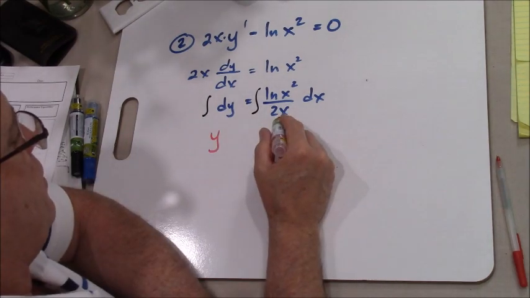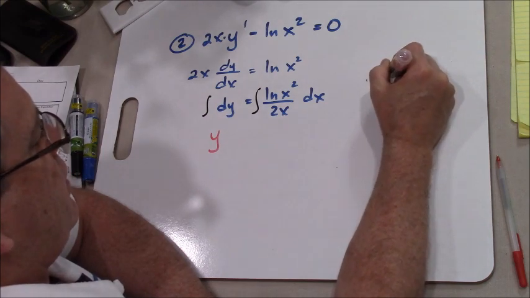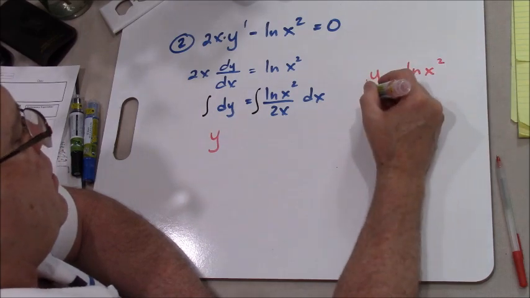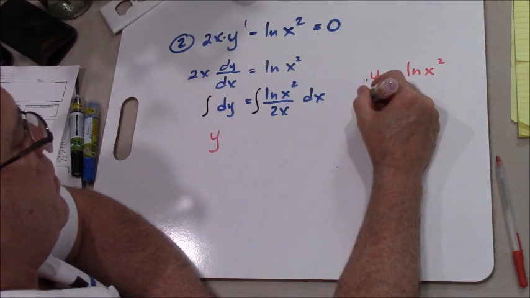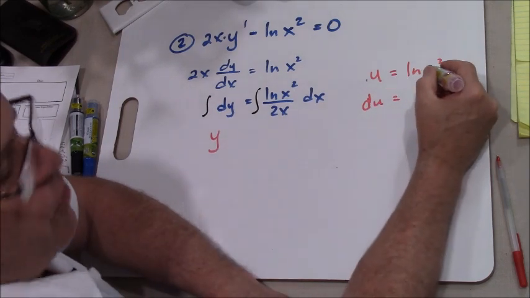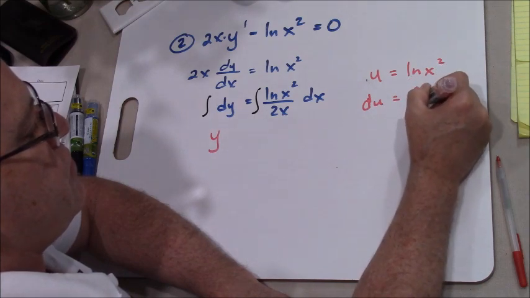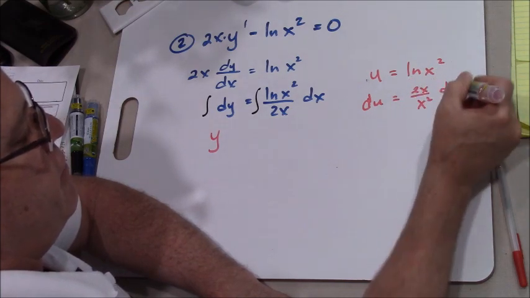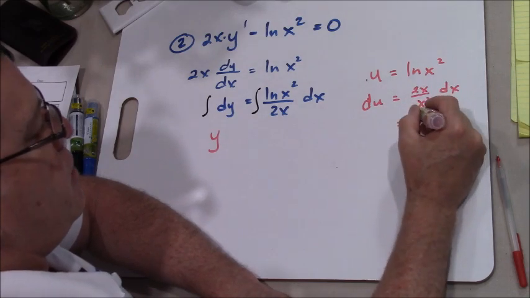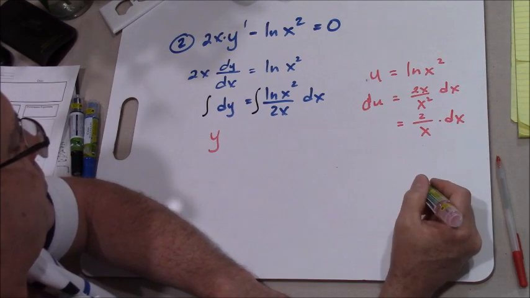What am I going to do with this? If I do a substitution, if I say let u equal natural log of x squared, then du would equal u prime over u. So that would be 2x over x squared. I just took the derivative of x squared, which if I cancel an x with an x, I would get 2 over x dx.